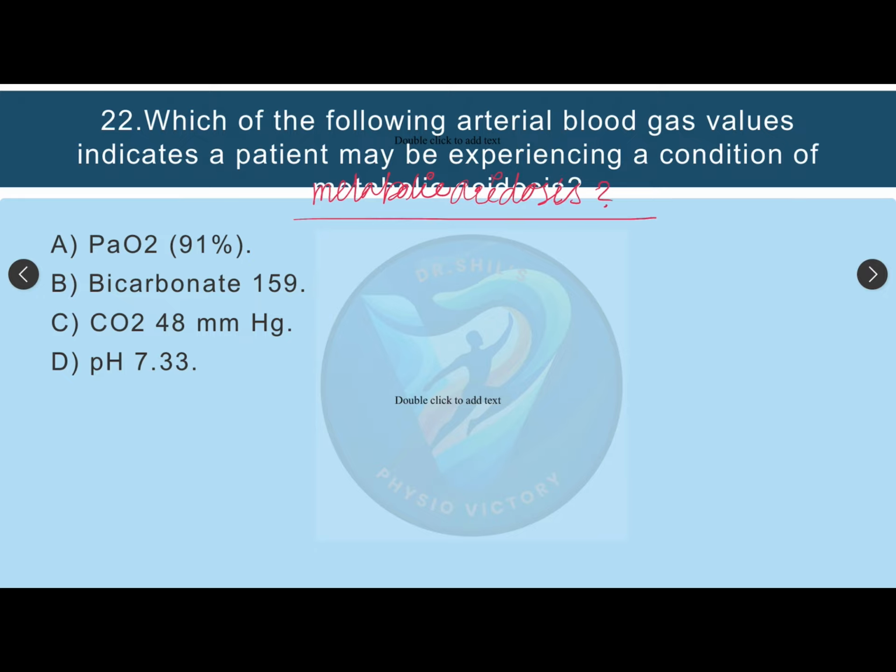Option A, partial pressure of the oxygen is 91. Option B, bicarbonate is 159. Option C, carbon dioxide pressure is 48 mmHg. And option D is pH value 7.33. Here the correct answer is option D, pH value 7.33.